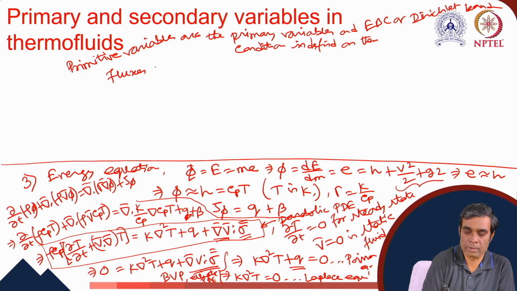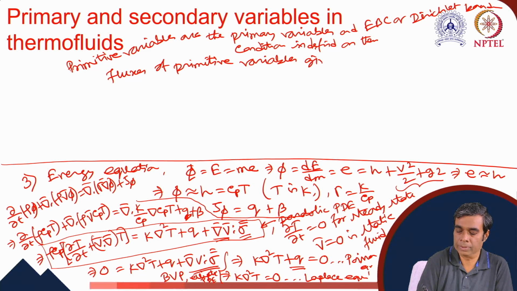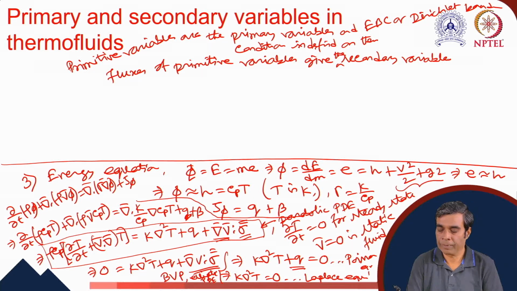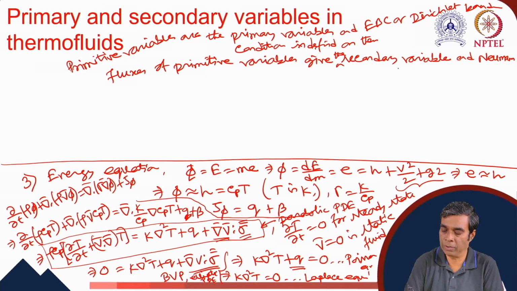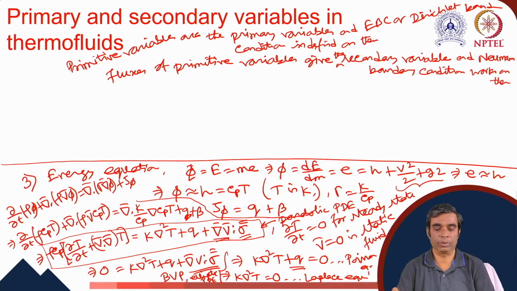Fluxes of primitive variables give the secondary variable, and the Neumann boundary condition works on them. So we have two kinds of variables, primitive or primary variables and secondary variables.